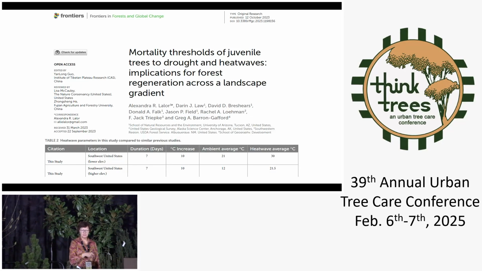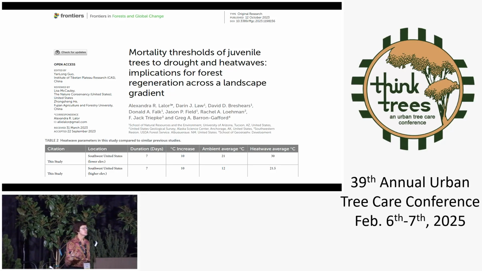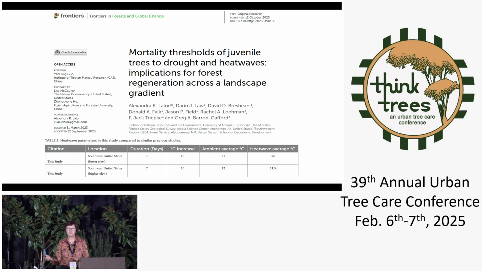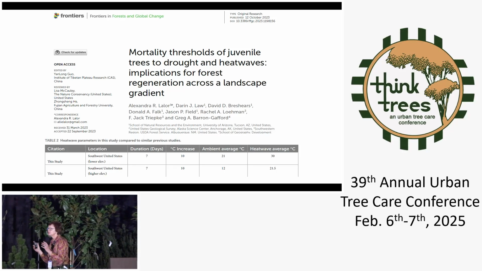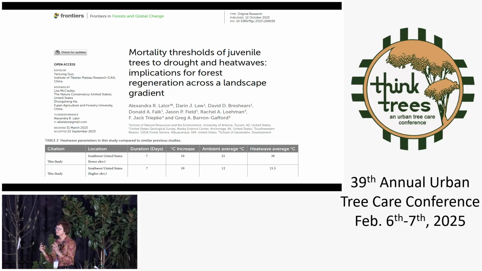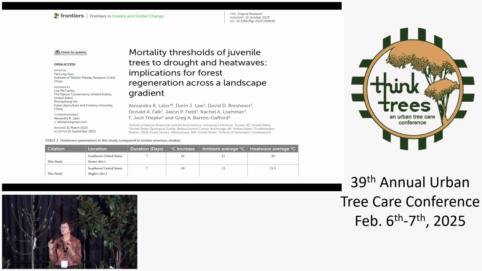So now I'm going to a different experiment. This was actually done at the University of Arizona with people from other states, New Mexico too, and it was modeled after trees that are growing very well in the Jemez Mountains. So they used 5 different species of pines, and they subjected them in a growth chamber to different heat waves and a combination of drought and heat.